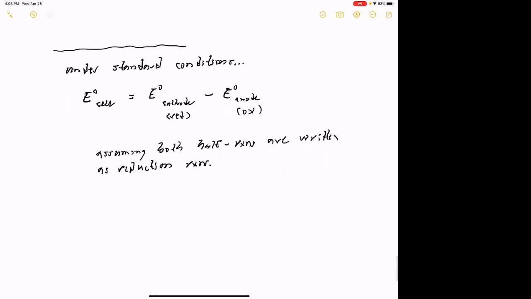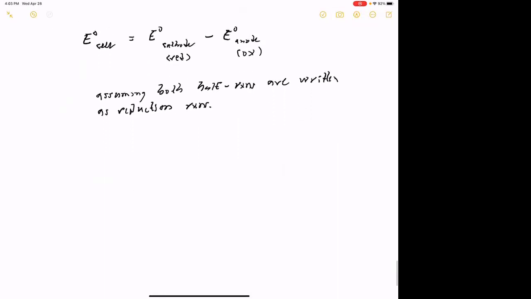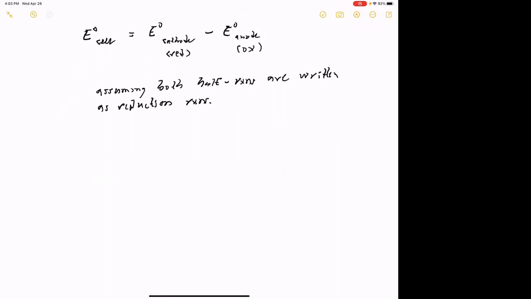All right, so if we go back to our original galvanic cell that we talked about, let's write the two half reactions as reduction reactions. That's how we would find them in the table. So I could go to that table and find the E0 value and write it down, written as a reduction. The E0 for that half reaction, as I've written it, is minus 0.762 volts.